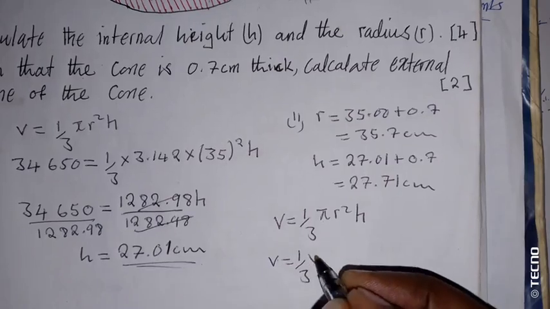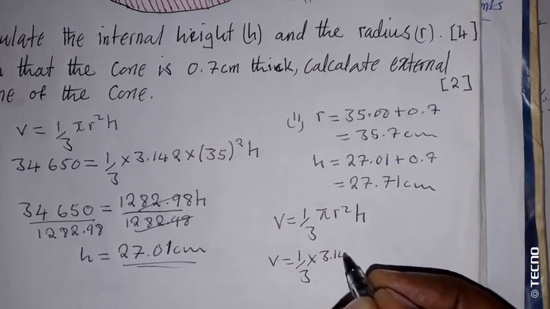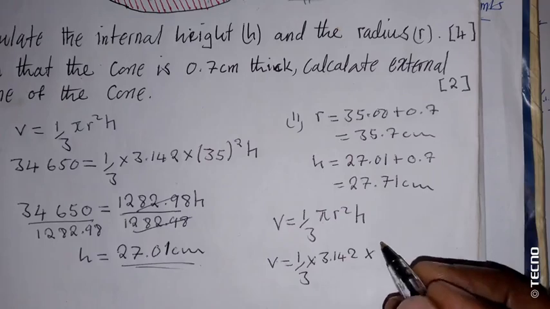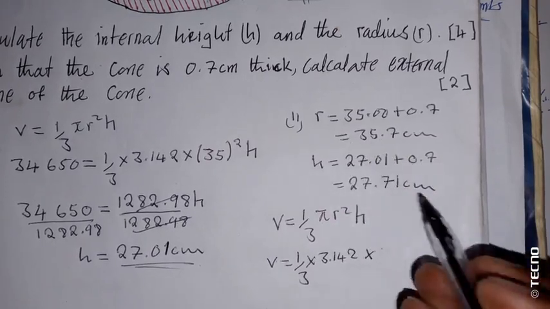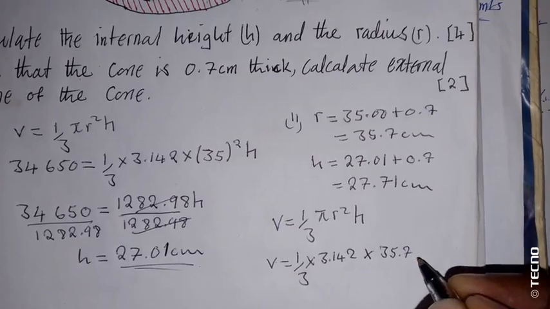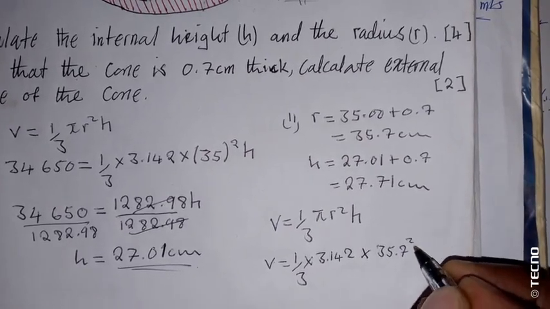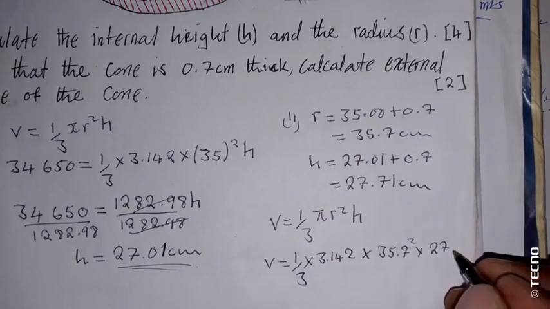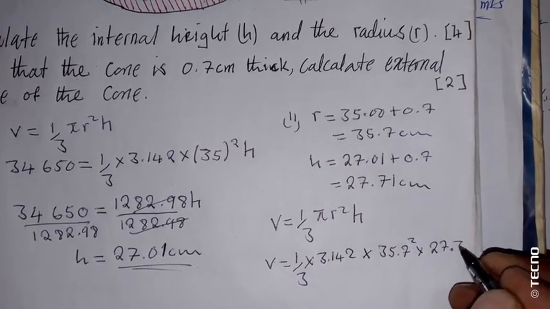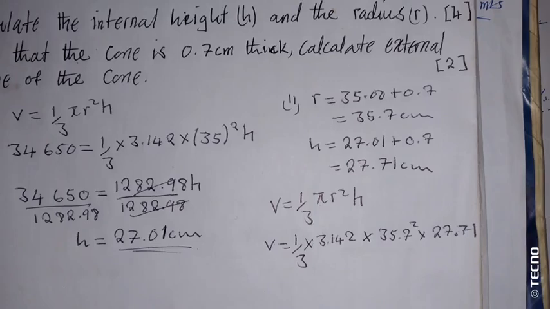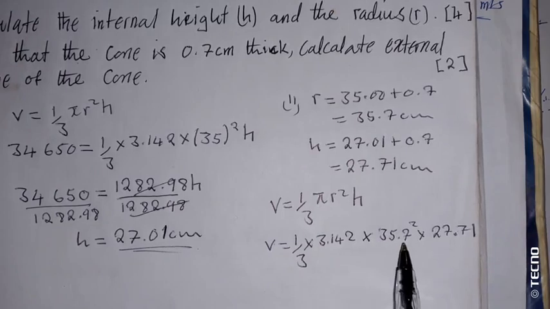So it's 1/3 times 3.142 times our r, 35.7 squared, times 27.71.